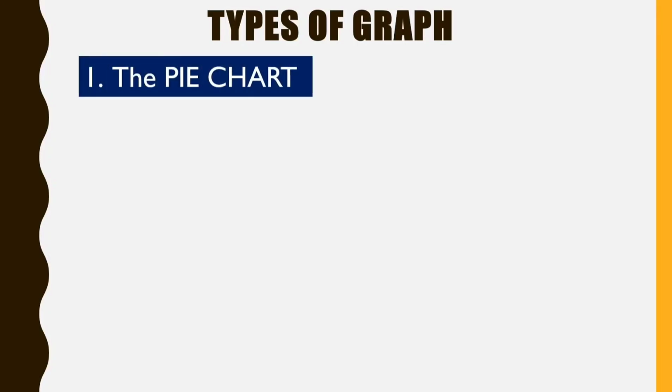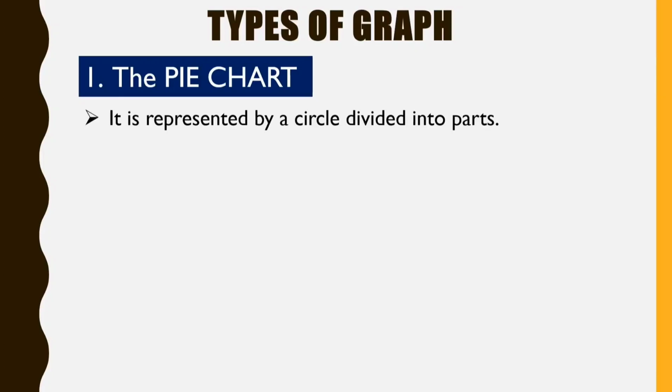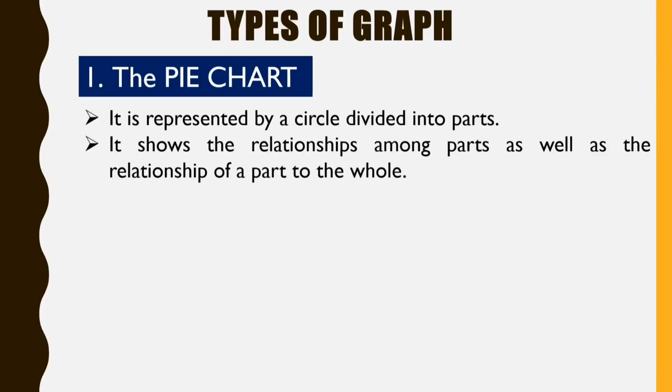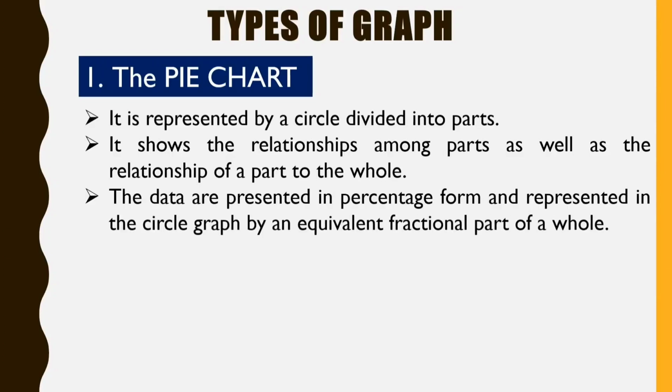The first one is the pie chart. It is represented by a circle divided into parts. It also shows the relationship among parts, as well as the relationship of a part to the whole. The data are presented in percentage form and represented in the circle graph by an equivalent fractional part of a whole.